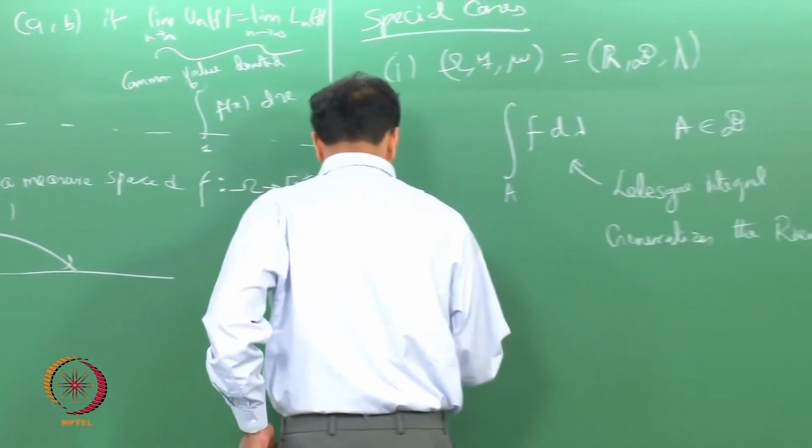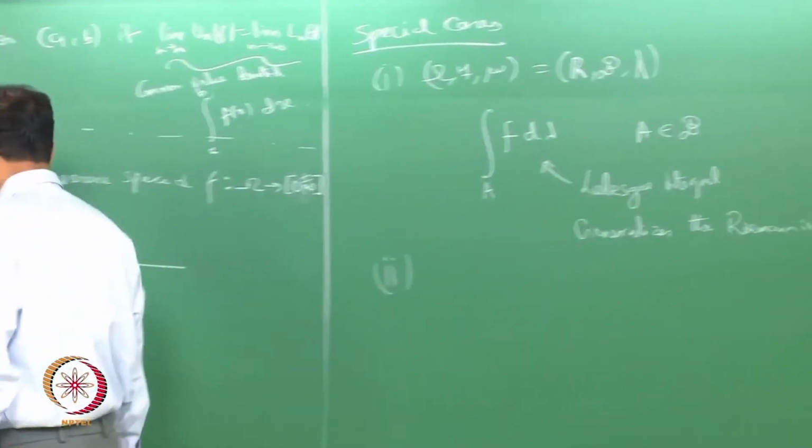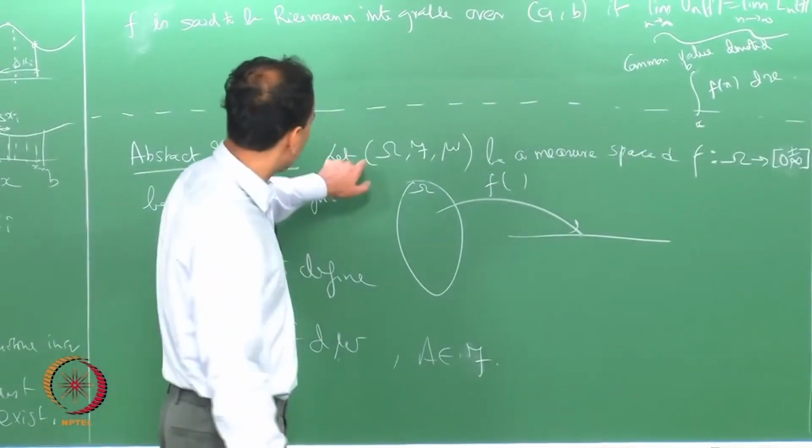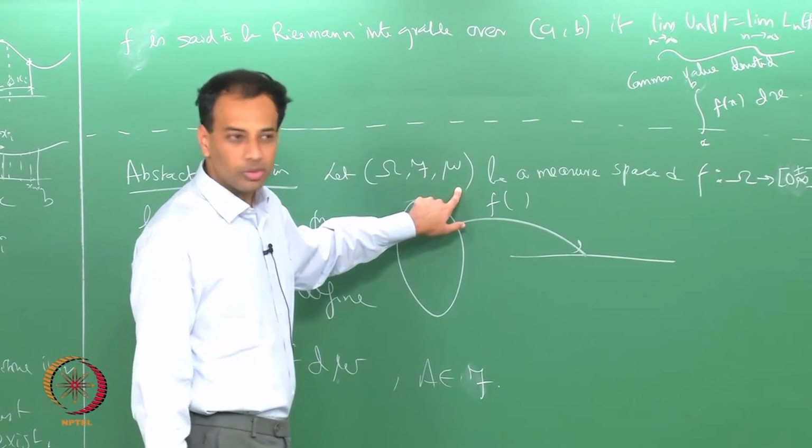The second example: we consider the space omega, F, mu to be a probability space. So, mu will be a probability measure now.